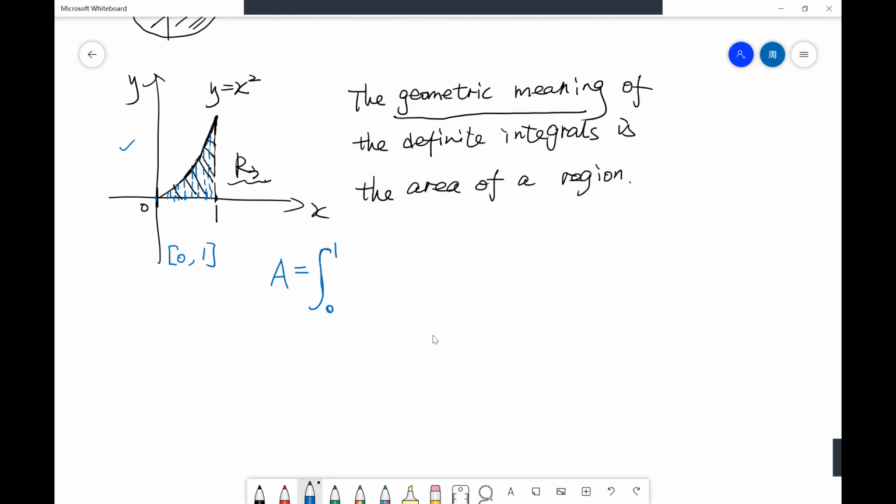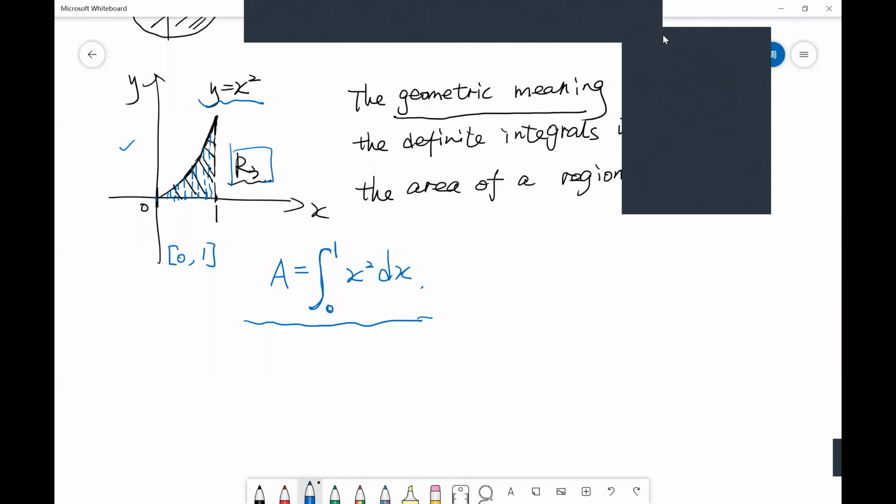Here, the first, that is the integral sign. And here, the lower limit is 0, and the upper limit is 1. And then we write the function here. So that is x squared here. And then we write dx. And we use this expression to express the area of this region. So that is definite integral.